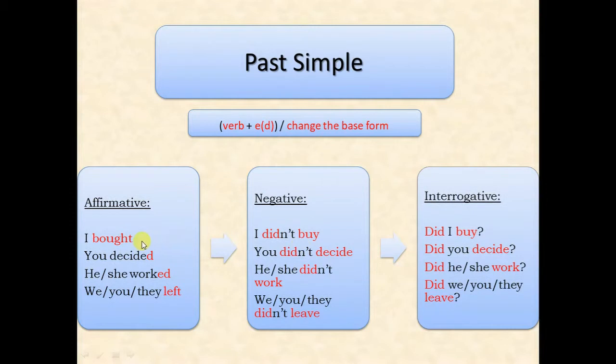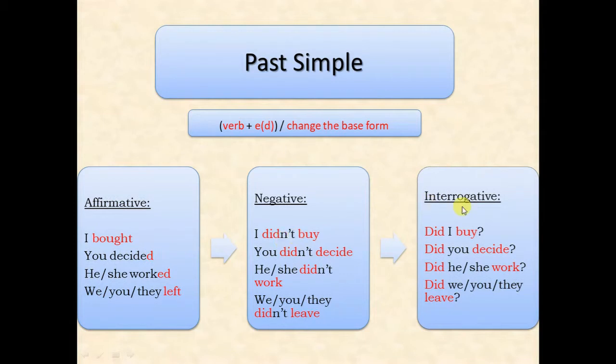Buy, bought. So, when we build the negative and interrogative form, we have to use the verb do as an auxiliary, but it has to be in the past simple, like here, did, and in this case we put the negation not, and it becomes didn't.